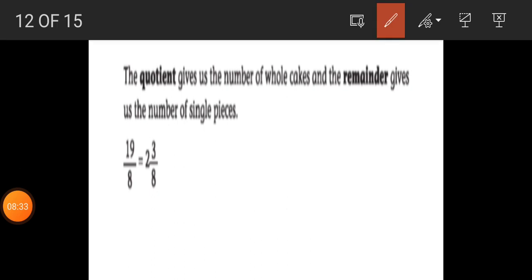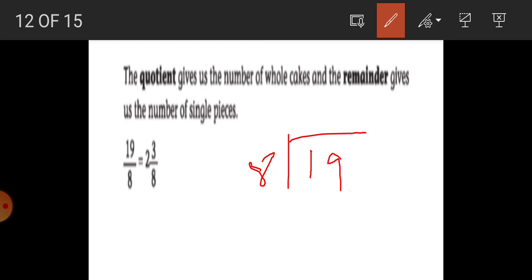Yes, it is 2 times 16. Very good. So we have to subtract. So what will be the remainder we'll be getting? Yes, it is 3. So how we write it is, we write the quotient as the whole cakes, right?